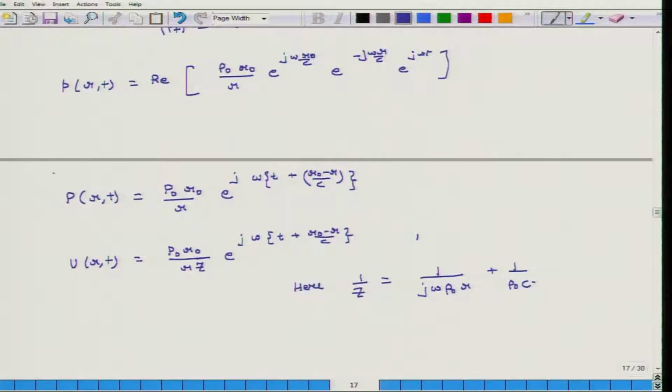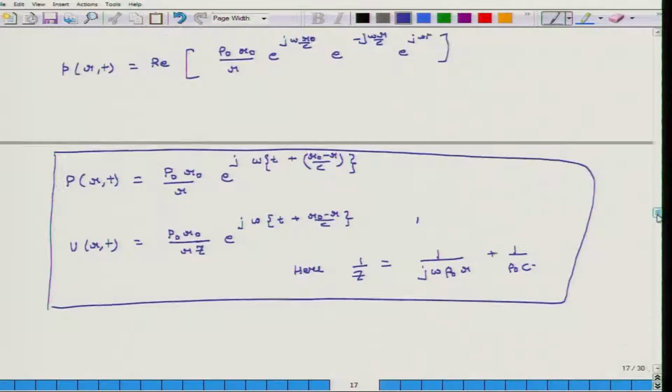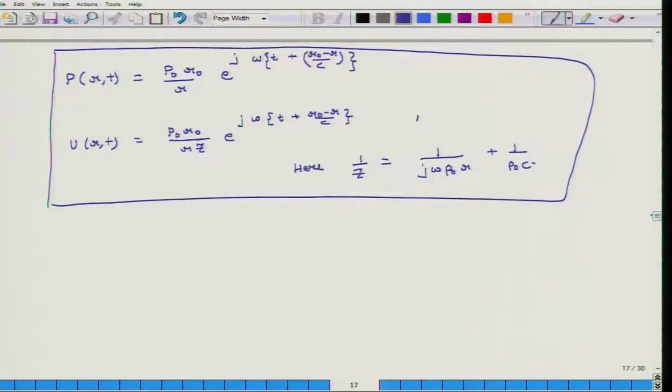Okay. So, this is my general expression for complex pressure and complex velocity.